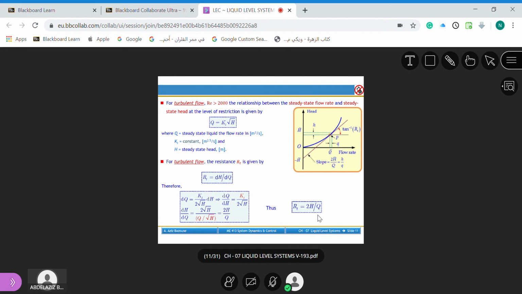Here you remember we defined the resistance to be the change in level difference over the change in the flow rate.